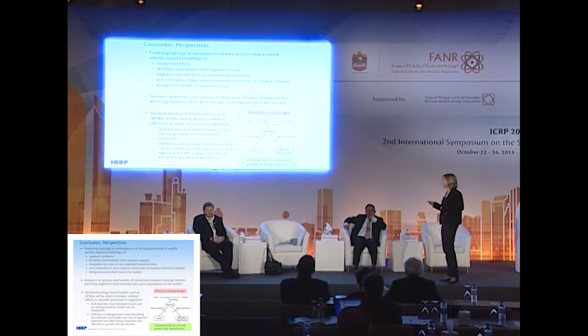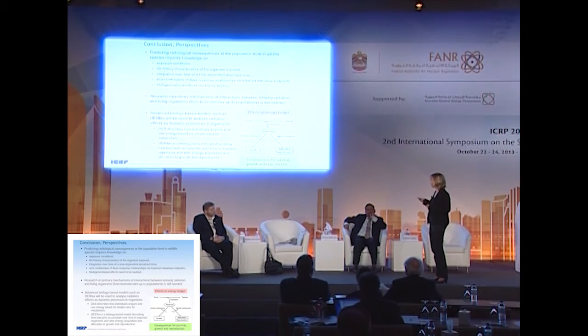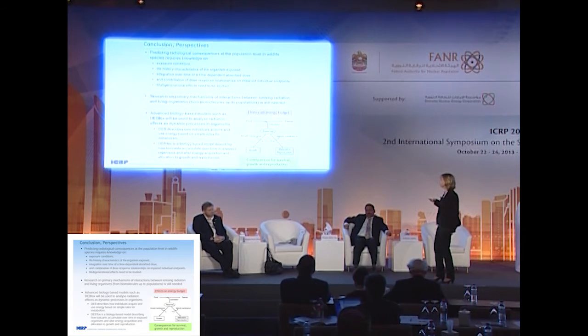And for doing that, we are trying to use systems biology-like approaches such as the dynamic energy budget model, which describes how individuals acquire and use energy based on simple rules of metabolism, and how any toxicants or stressors like ionizing radiation may alter the energy acquisition and the allocation of energy to growth and reproduction. And on this basis, it's also possible to derive the consequences at the population level.